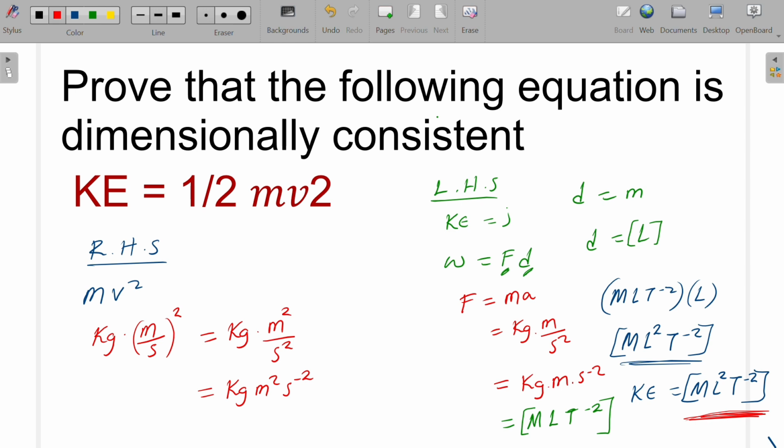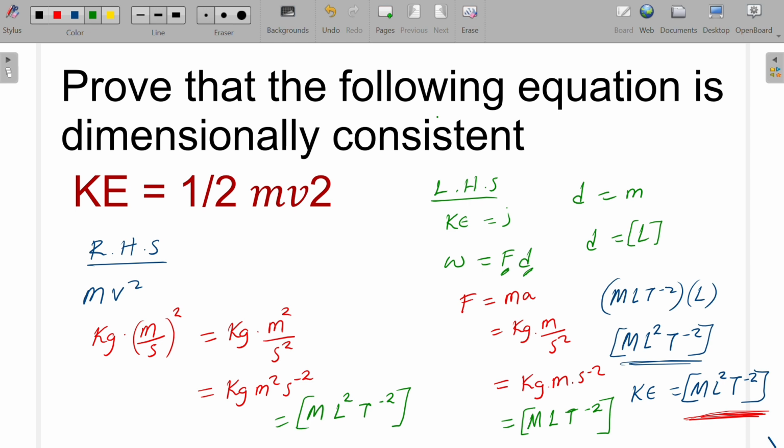All right, so these are the units that we have now for mv². Taking our dimensions there, kg is mass, that's M. Then meters is length, so we'll have L², and s is time, so we'll have T, and this is to the power of minus 2.